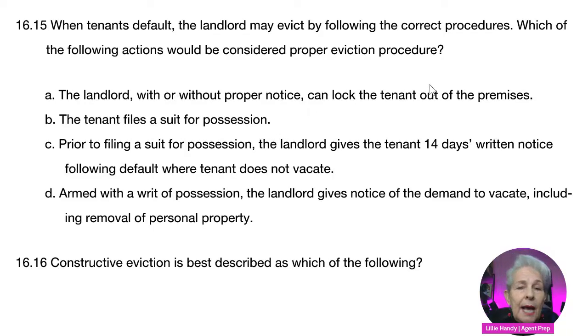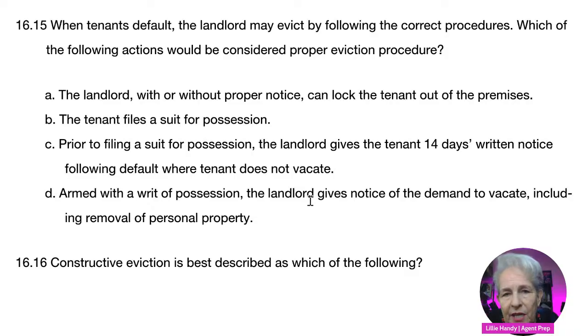So the landlord has to follow eviction procedures. And when they go and file it at a judicial court, they're smaller courts, okay? They are armed with a writ of possession. They want to take the property back. The landlord gives notice of the demand to vacate. That's an eviction notice, including removal of personal property.